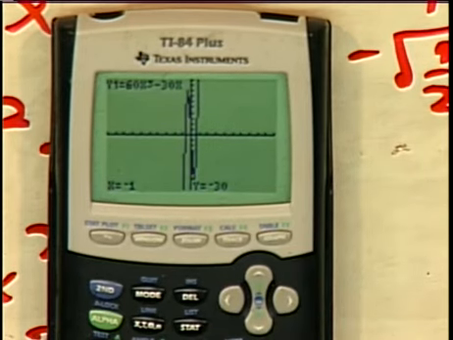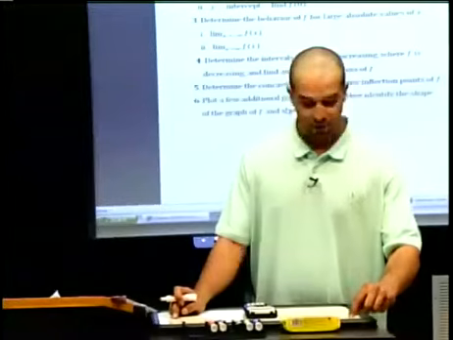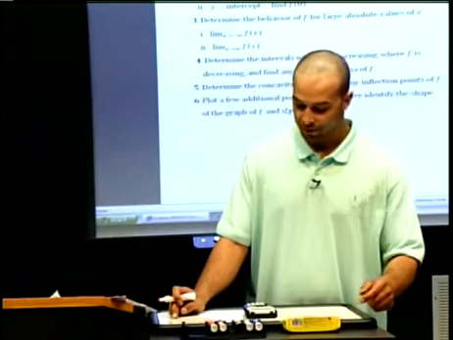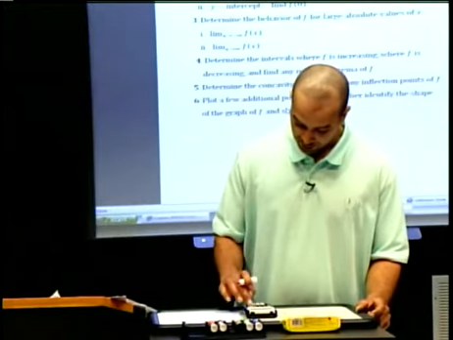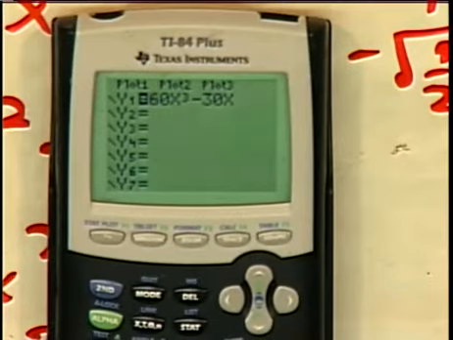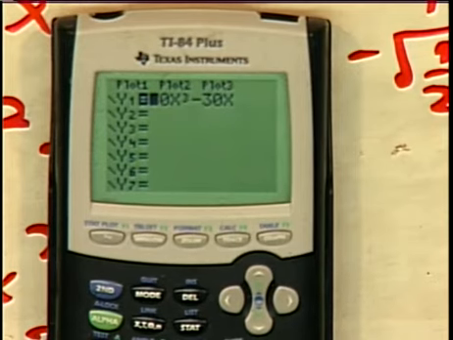So just be careful when you switch back to your original equation. Start with y equals. Type in the function or your equation.